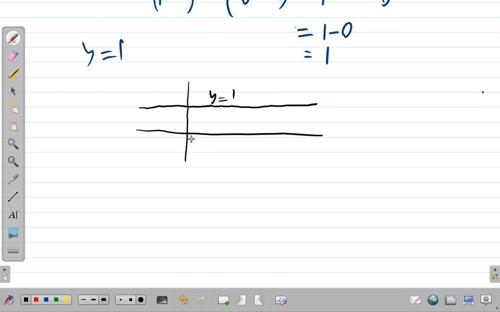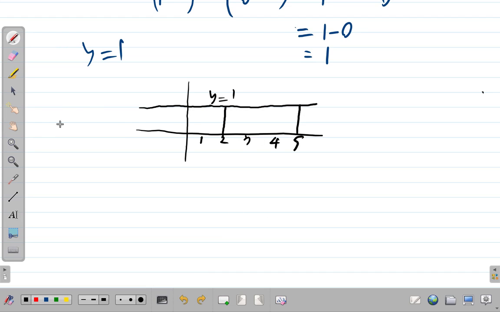You want to find the area between 2 and 5. So you have 1, 2, 3, 4, 5. The area between here and here would be 1 high and 3 wide, so it should be 3. 3 wide times 1 high is 3.